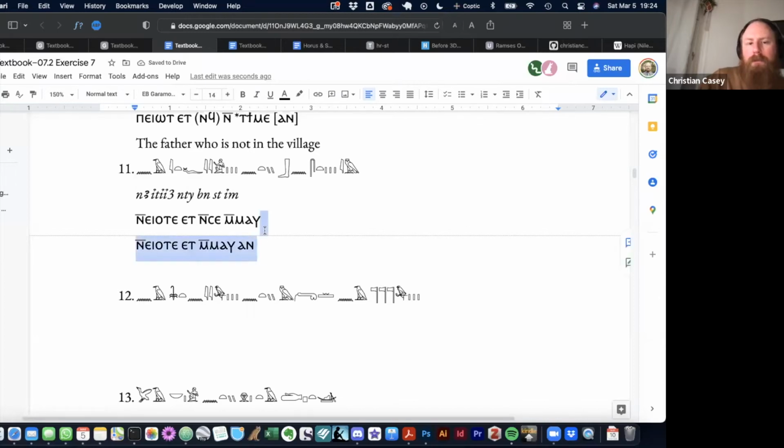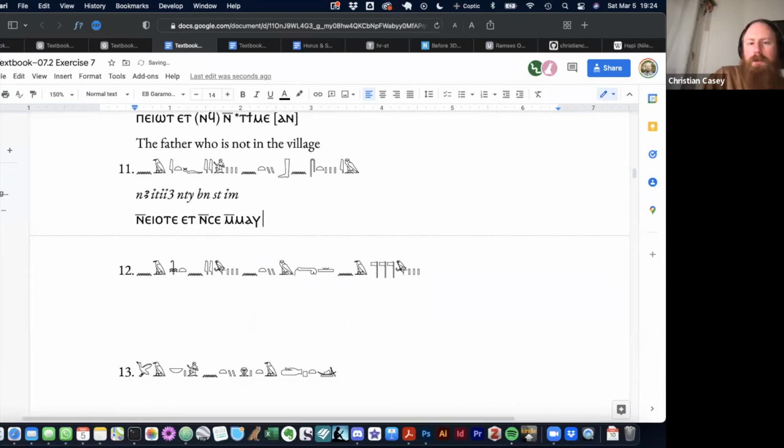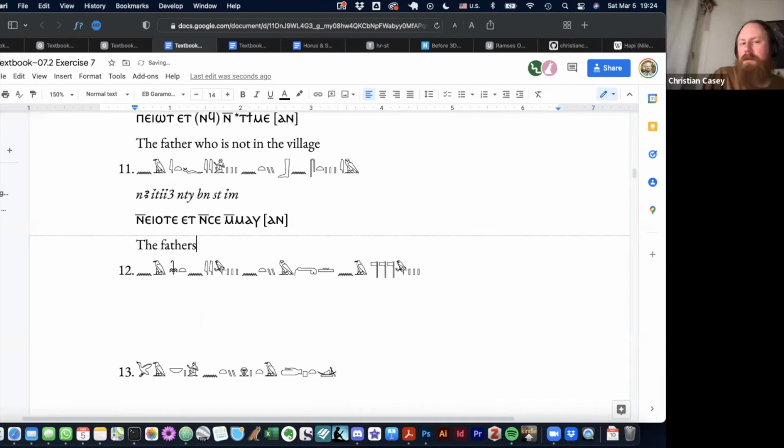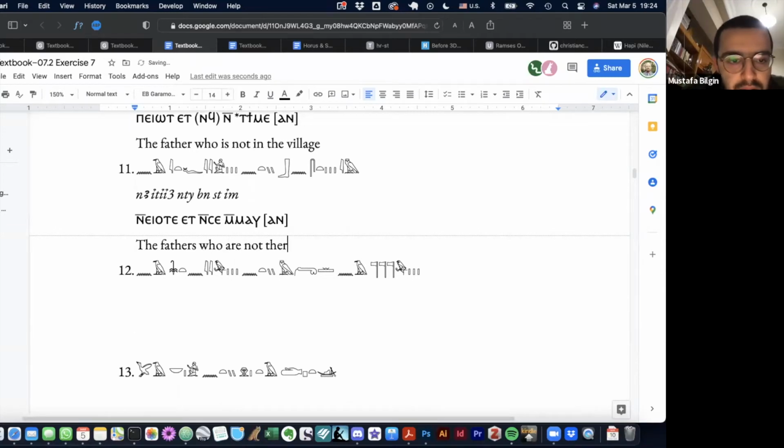But our sort of pseudo-Coptic here, we get et ensa emao, and then there is an obligatory an that late Egyptian doesn't include. Okay, what does this mean? Let me check. The fathers. The fathers who are not there.